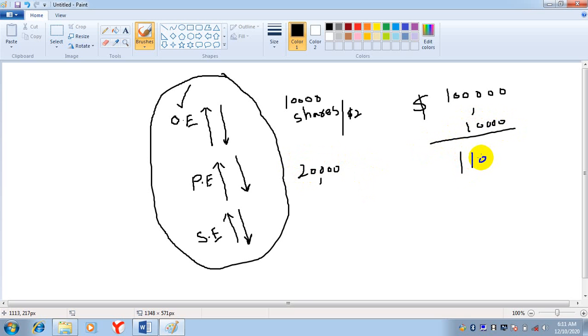But if the company is redeeming shares, the company is taking back shares. There is a kind of share that you can buy back from the shareholders.